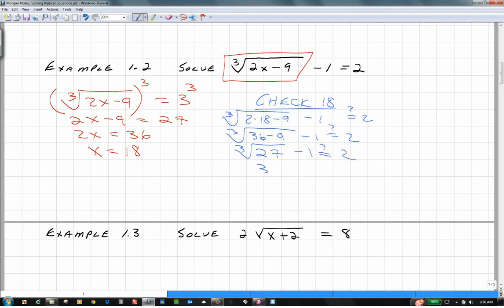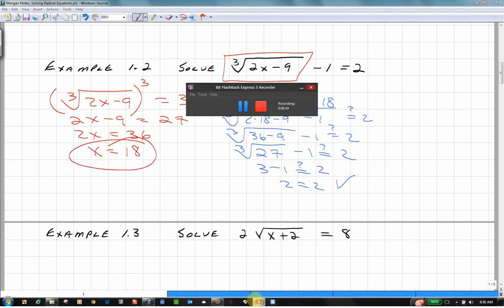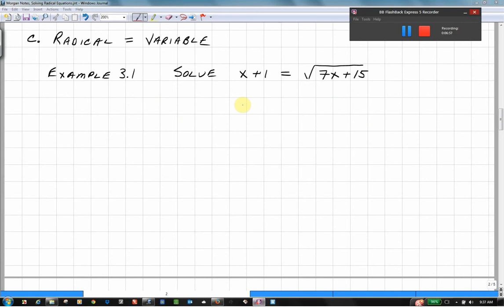The cube root of 27, that's 3, minus 1, is that equal to 2? 2 equals 2. Sure enough, it's good, so I'm going to circle my answer, showing that it's indeed good. All right, now I'm going to move to another kind of problem that you will see in your homework.